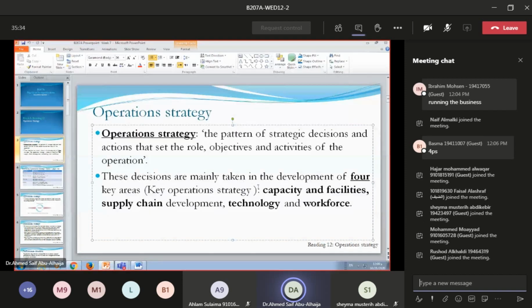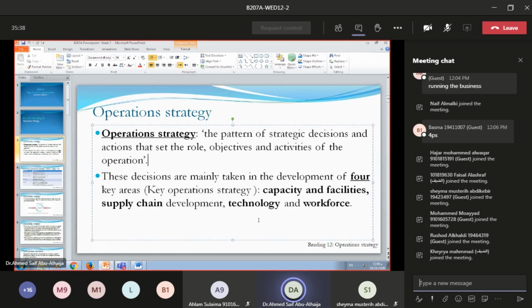Right, back. Four important areas under the operation strategy. First, the capacity and the facilities. And I need you to remember something we learned last time, the diagram I showed you about inputs, process, outputs. Remember? What about the inputs?